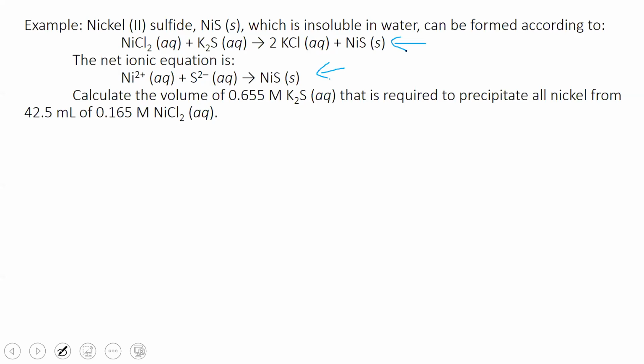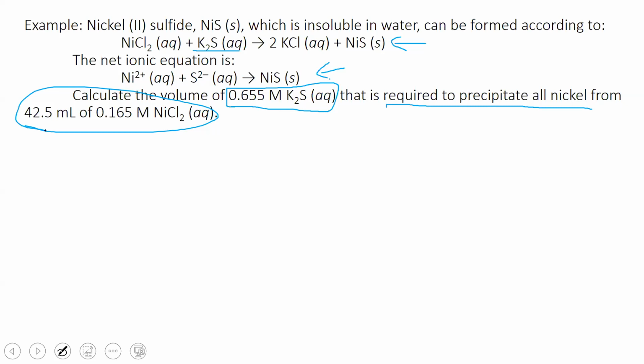So you can calculate the volume of a certain concentration solution, in this case of potassium sulfide, that is required to precipitate all nickel from a solution of nickel chloride. So essentially, in order to get a stoichiometric reaction, how much of that potassium sulfide do we need?